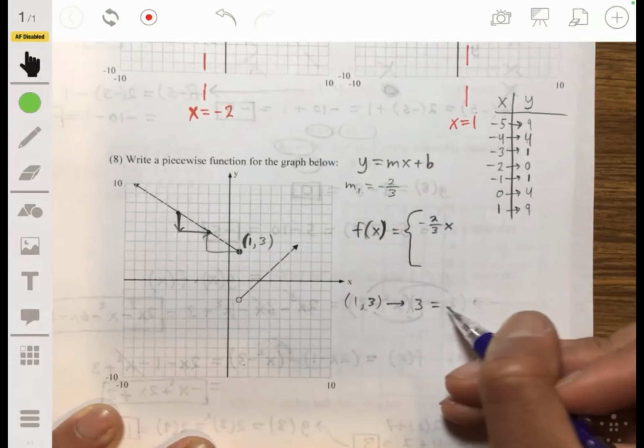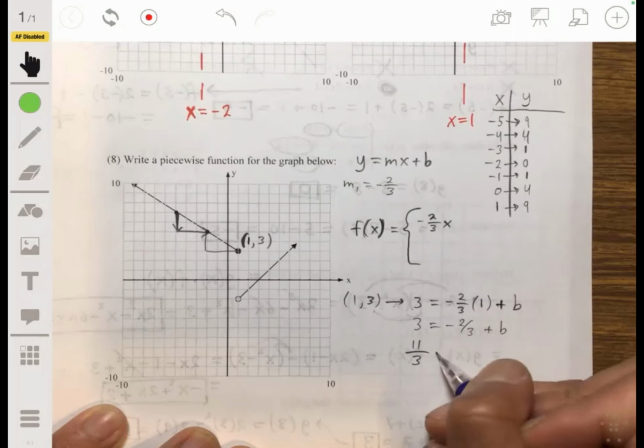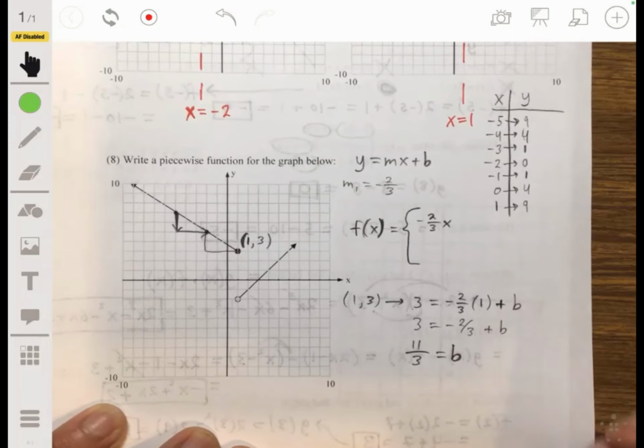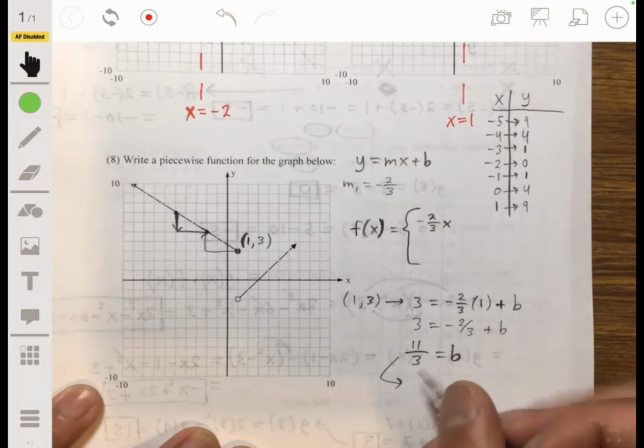Add 2/3 to both sides. So then we get 3 plus 2/3, or we get 11/3 equals b. Then our equation is going to be y is negative 2/3 x plus 11/3. But again, we have to make sure we pay attention to the interval.